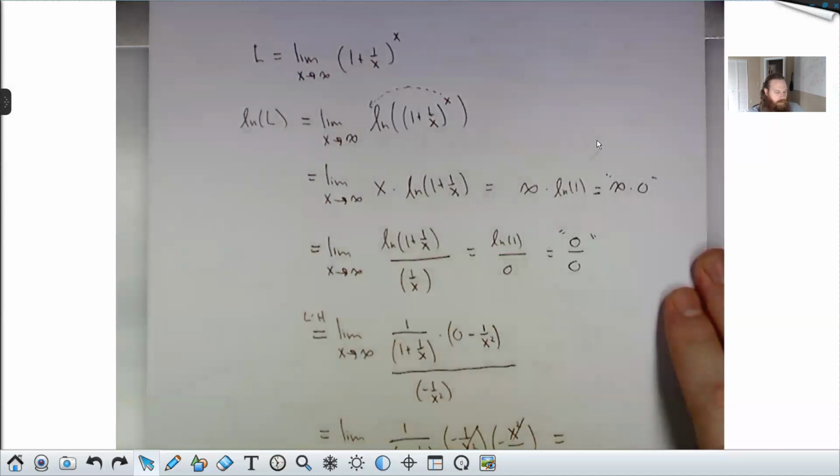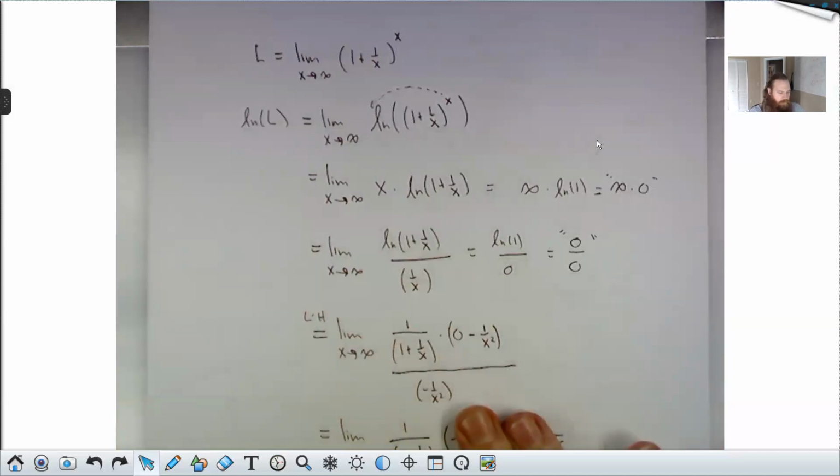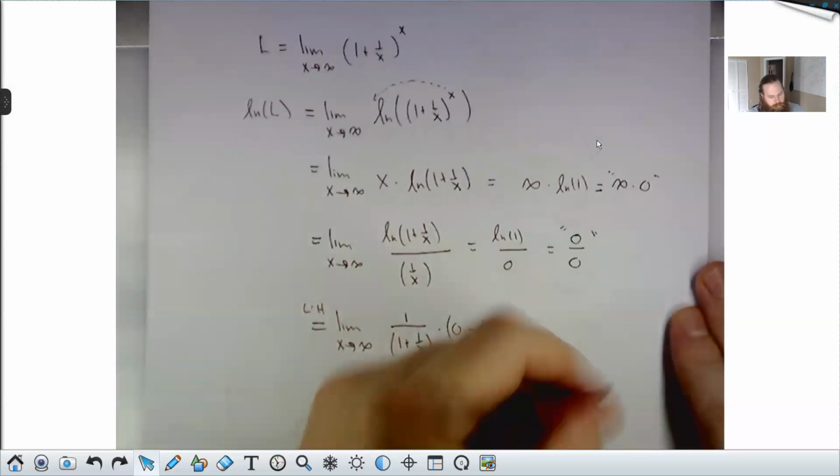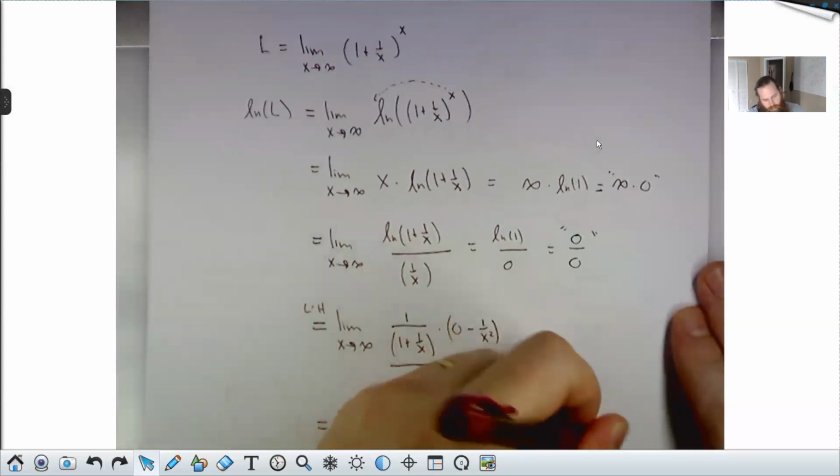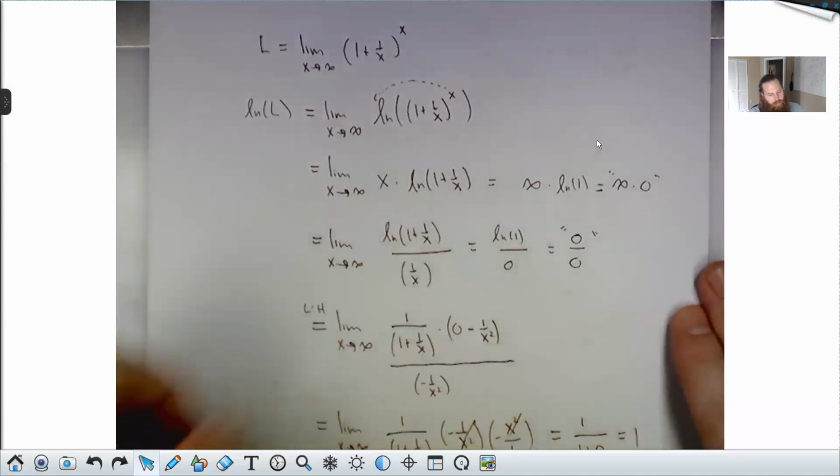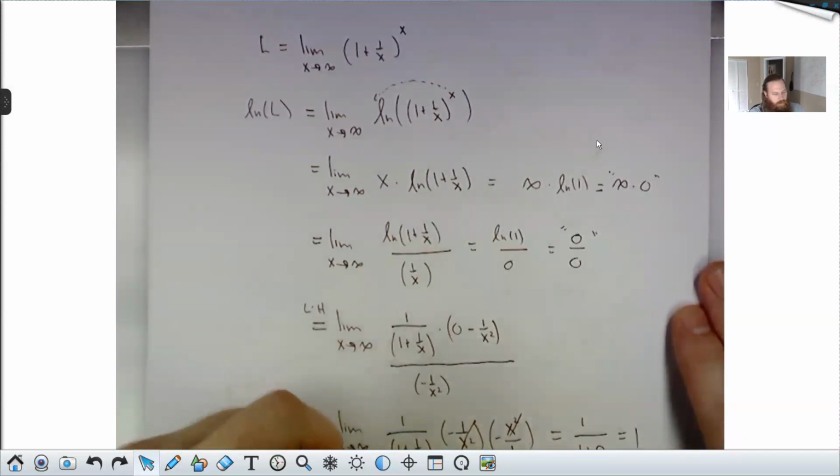And now, when x goes to infinity, this piece will go to 1 over 1 plus 0, which is 1. So the natural log of L is equal to 1, which means L itself is equal to e to the 1, or just e.